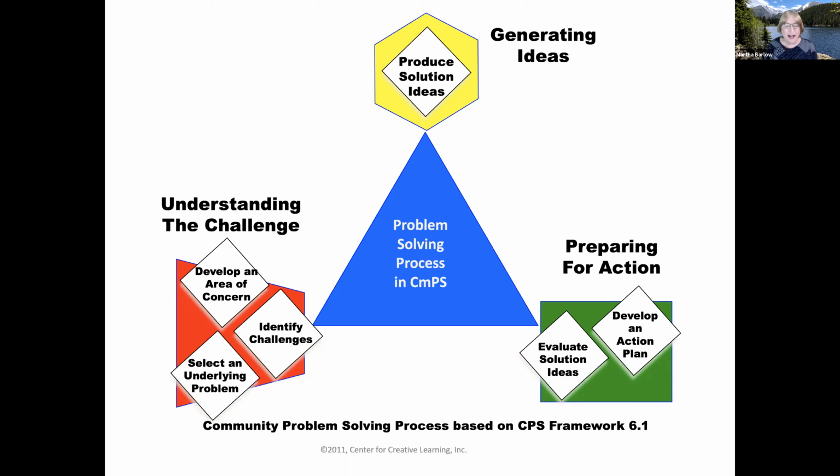Then you identify challenges and select an underlying problem to focus where you want your energies to go. Once you've gotten there, you would have perhaps many solution ideas. Then in preparing for action, it's important to evaluate those solution ideas in order to develop your action plan. And the wonderful thing about community problem solving is that you actually put that plan into reality.